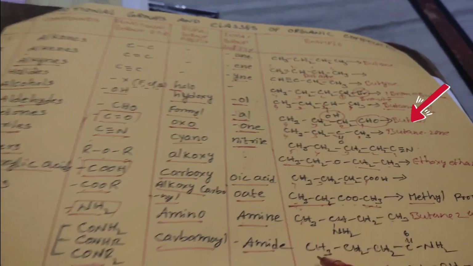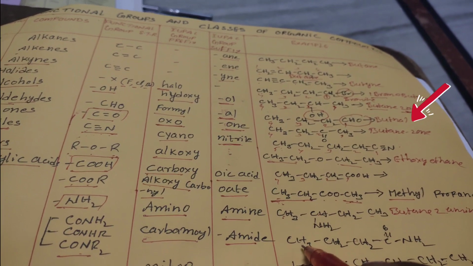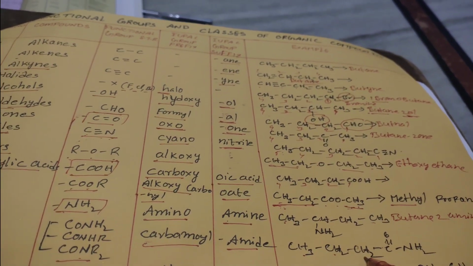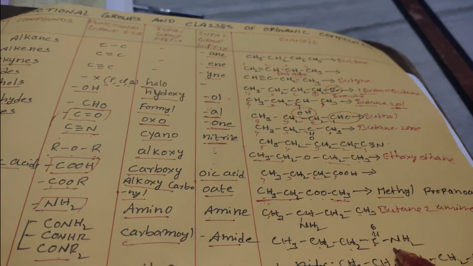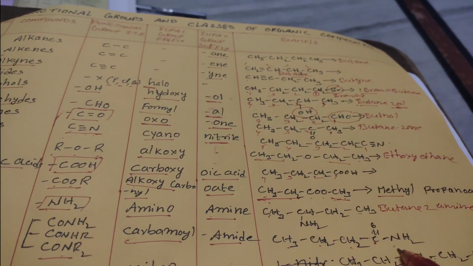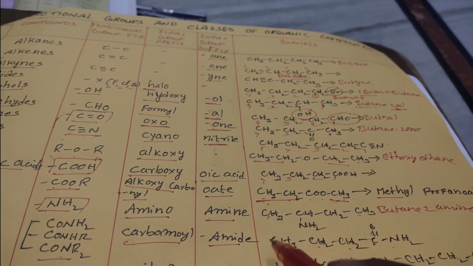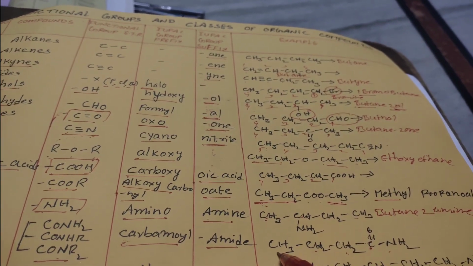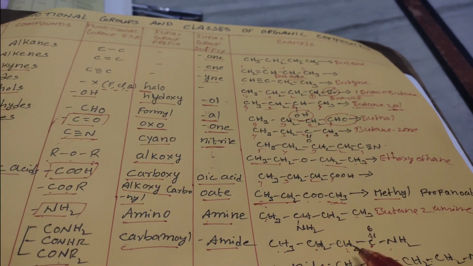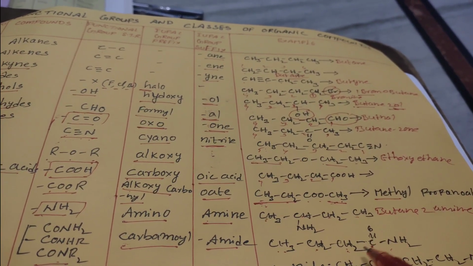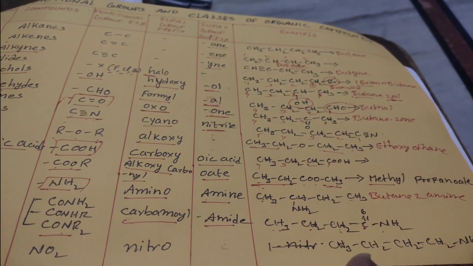So here I am writing one of the structures, CH3, CH2, CH2, C double bond O NH2, or CONH2. And the total number of carbons present in the given structure is 1, 2, 3, 4. So the root word is but and the suffix is amide. So the name of the compound is butanamide.